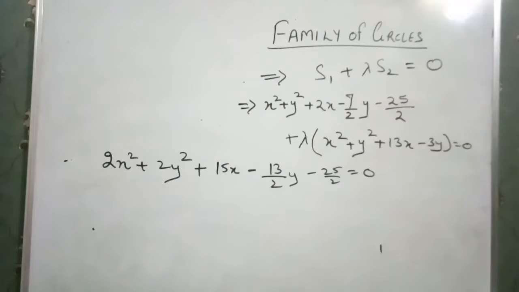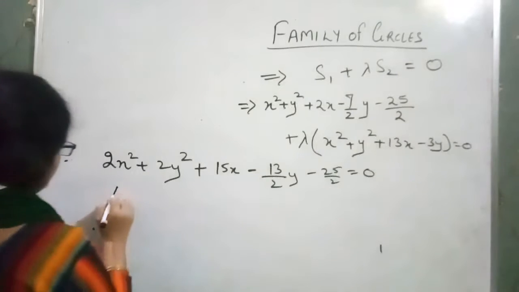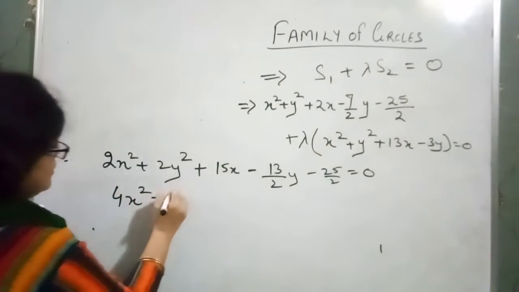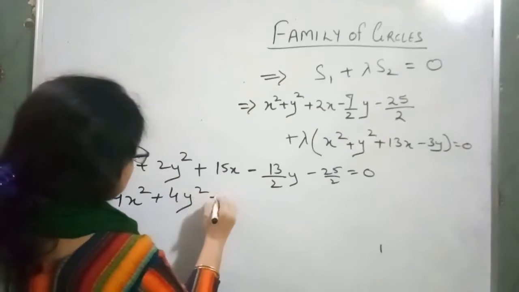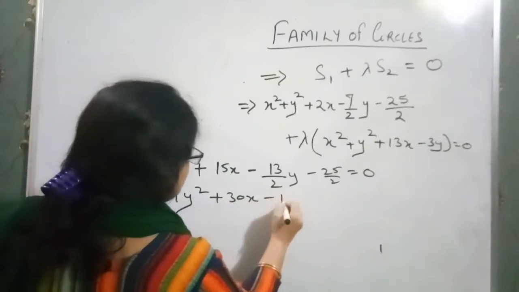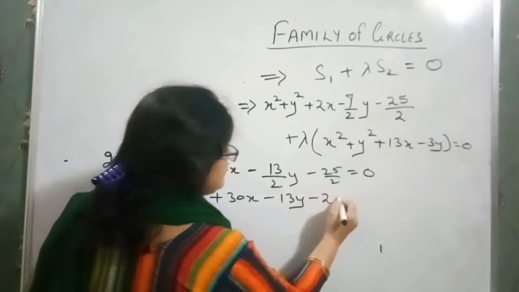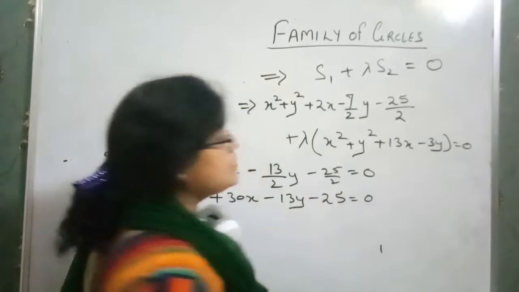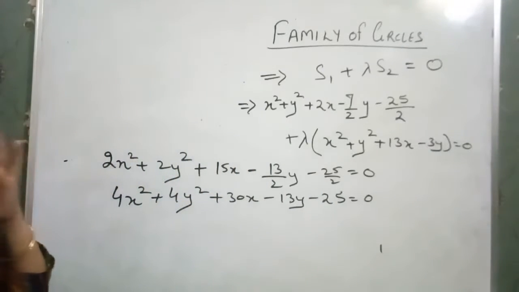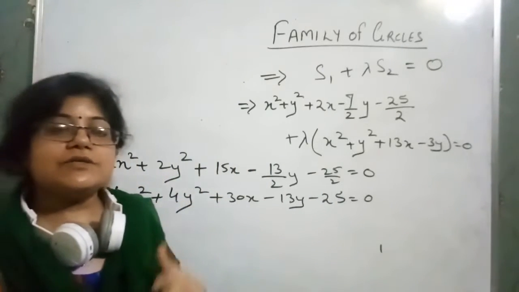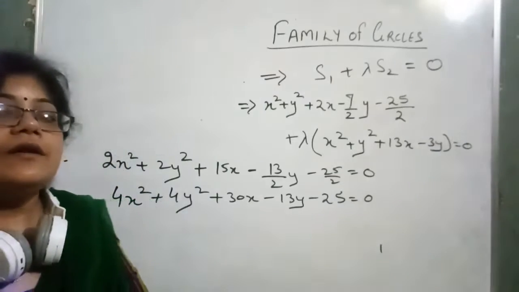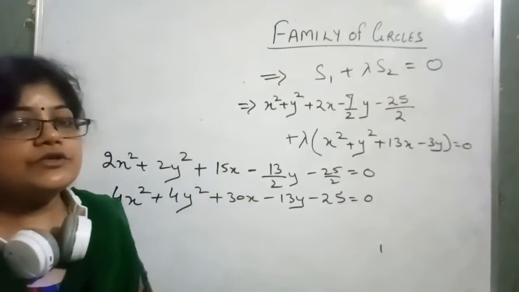Or we just multiply it by 2. We have 4x square plus 4y square plus 30x minus 13y minus 25 is equal to 0. So in this way we easily find the equation of the circle which passes through the intersection of the two circles.